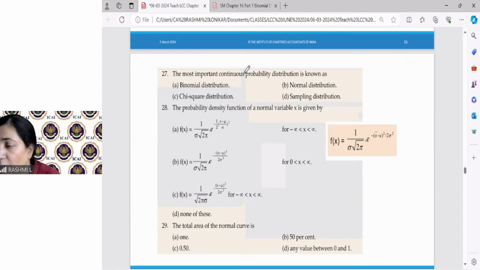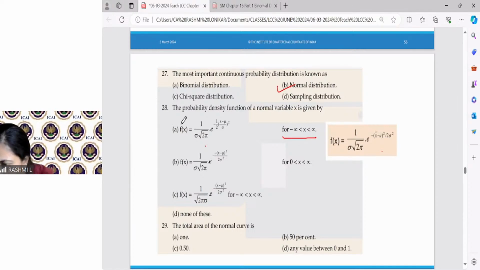The most important continuous probability distribution is the normal distribution. The probability density function of a normal variate x is given by, see, this is the formula: 1 upon sigma square root of 2 pi, e raised to minus (x minus mu) whole square upon 2 sigma square, for x lying between minus infinity and plus infinity.